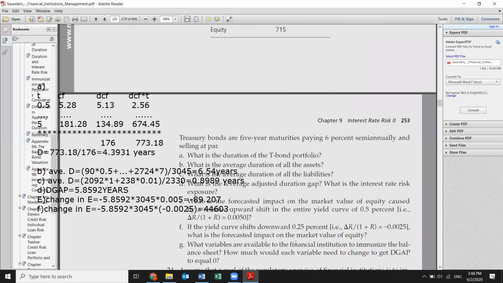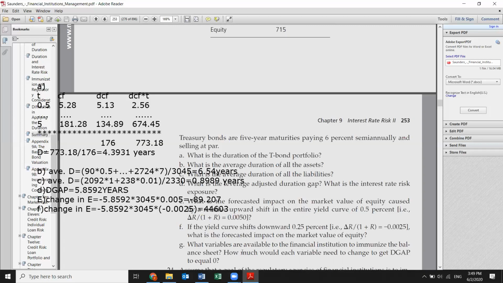What variables are available for a financial institution to immunize the balance sheet, and how much would each variable need to change to get the duration gap equal to 0? So immunization actually requires the bank to have the leverage adjusted duration gap equal to 0. So the financial institution could reduce the duration of assets by using more T-bills and floating rates.